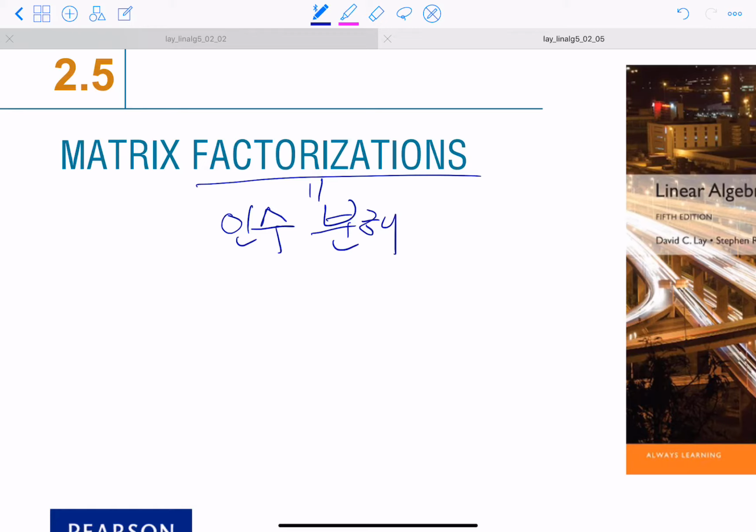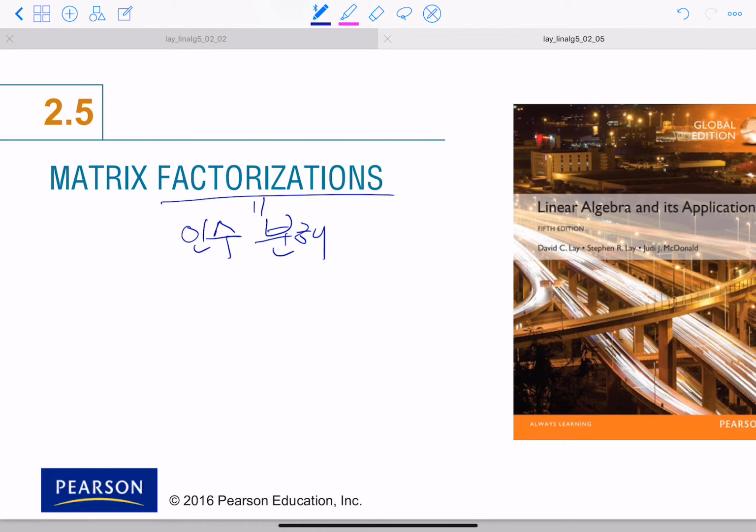And so what is factorization in the case of polynomials? For example, x squared minus 2x minus 3. In this case, we basically decompose the given expression into a product of multiple expressions.